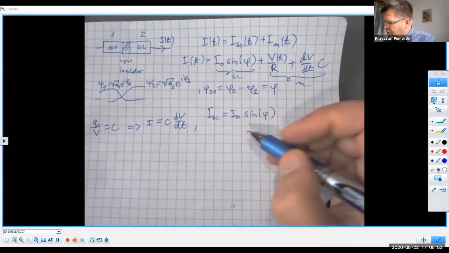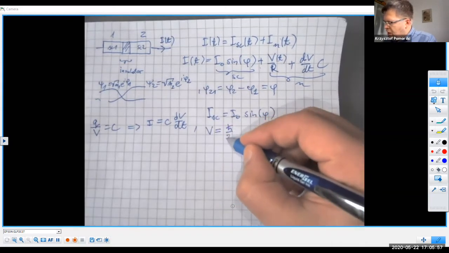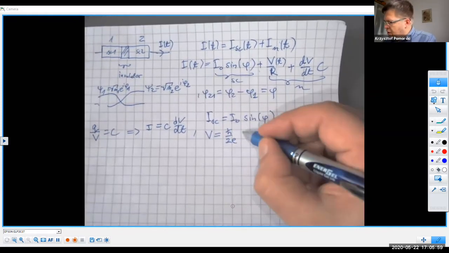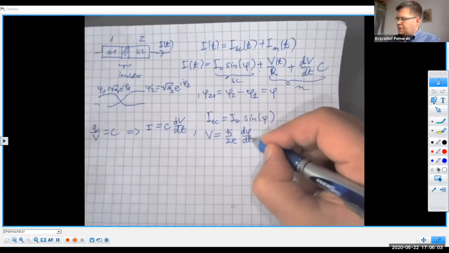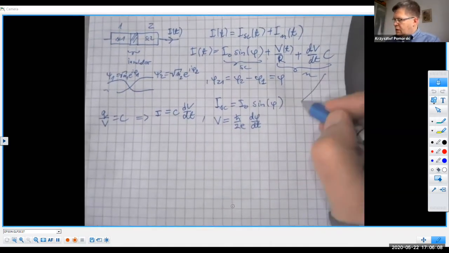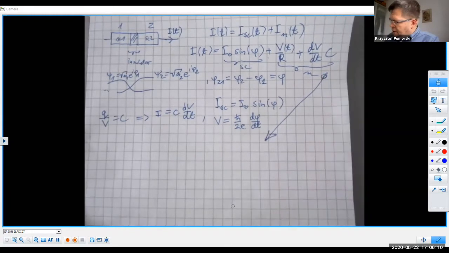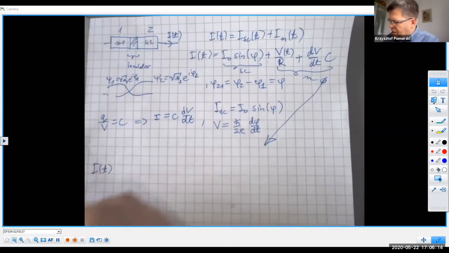In the AC Josephson effect, the voltage across the junction is proportional to the dynamics of the phase difference.